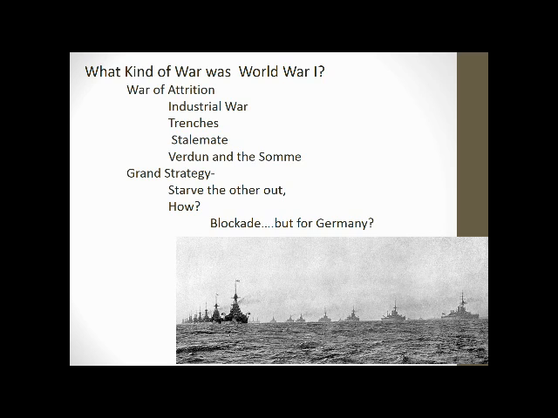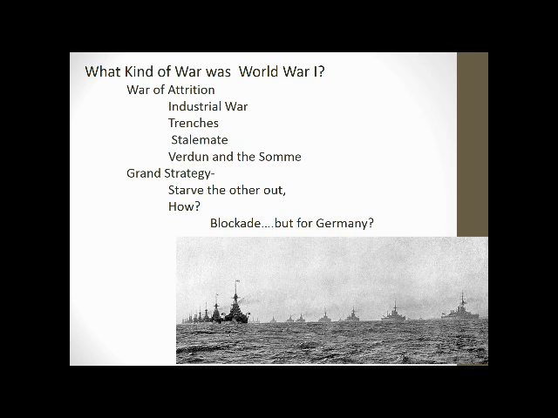They were never able to use things like tanks in the way they were used in World War II, to break through an enemy's lines. Instead, they were used for infantry support. All of the technologies developed during World War I were unable to break the stalemate, and so it becomes a war fought by and large on the goal of starving the other out.